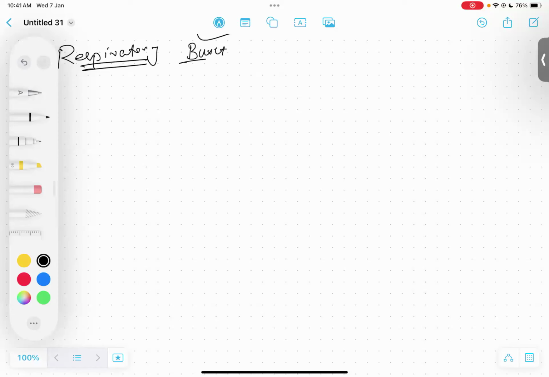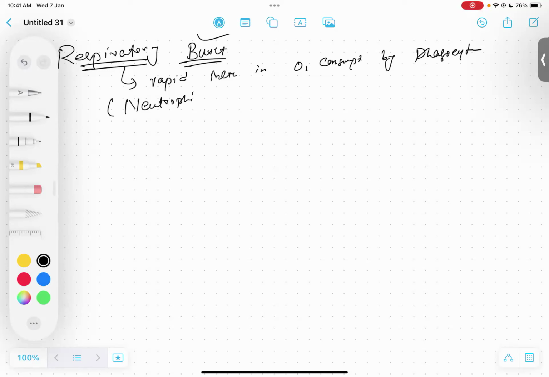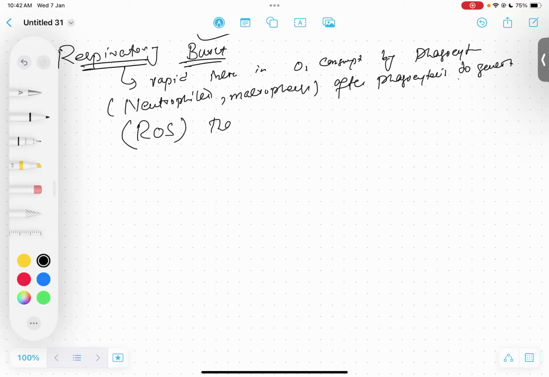Respiratory burst is a mechanism of rapid increase in oxygen consumption by phagocytes like neutrophils and macrophages after phagocytosis of different pathogens, to generate reactive oxygen species that kill the microbes.